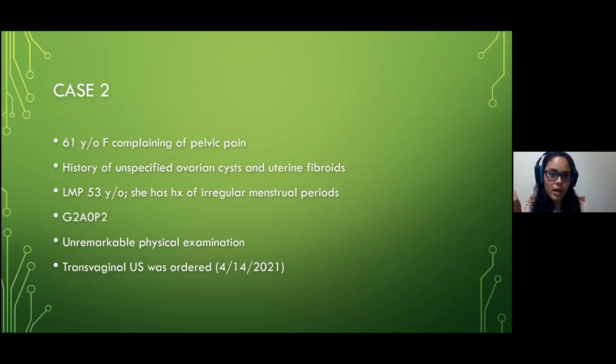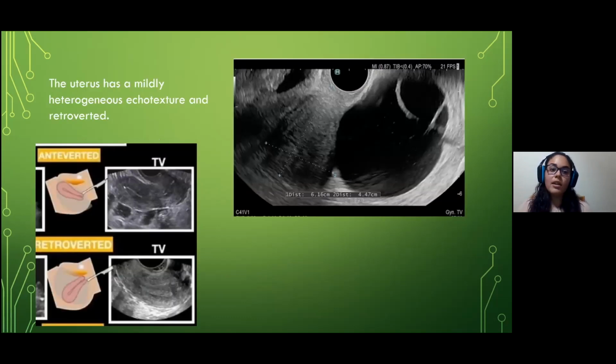She had 2 pregnancies, both live births, and everything was okay there. A remarkable physical examination. I did not find anything very specific for her, and a transvaginal ultrasound was ordered here. So it wasn't pelvic, it was transvaginal, and it was done on April 14, 2021.